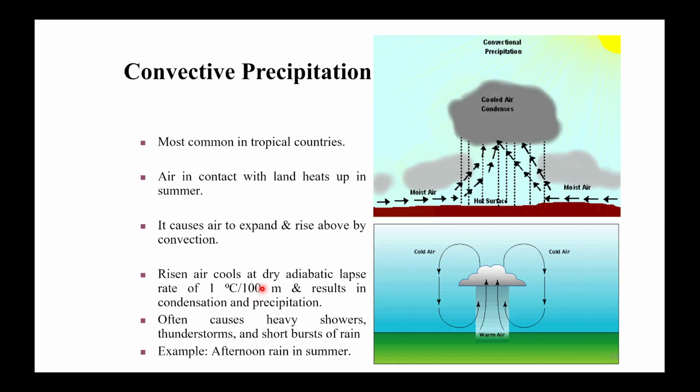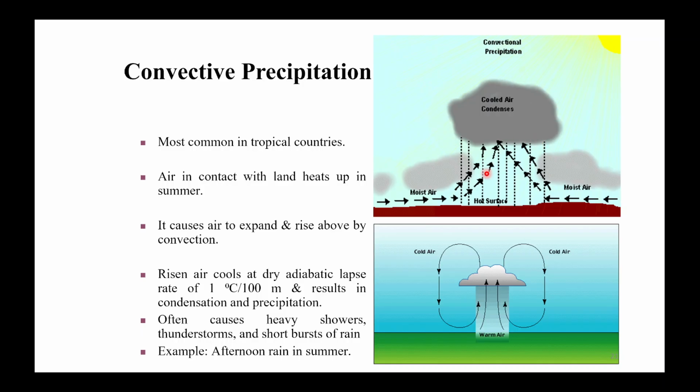To the point where gradually it will start losing its heat or warmth according to the dry adiabatic lapse rate. It will start cooling at 1 degree centigrade per 100 meters. Gradually this will lead to the cold air vapors forming a cloud.